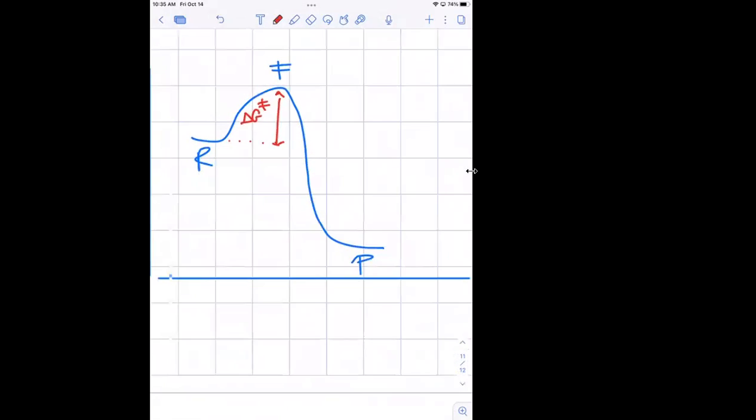That's my activation energy. That controls the rate: an exothermic reaction is much faster than an endothermic reaction.